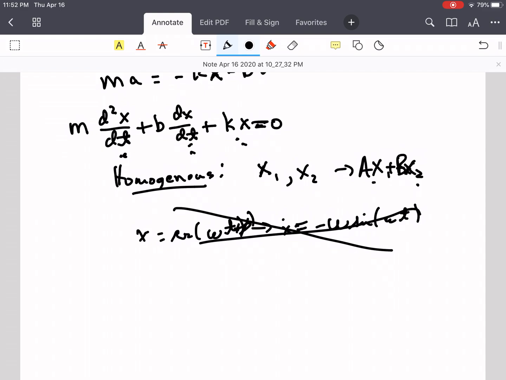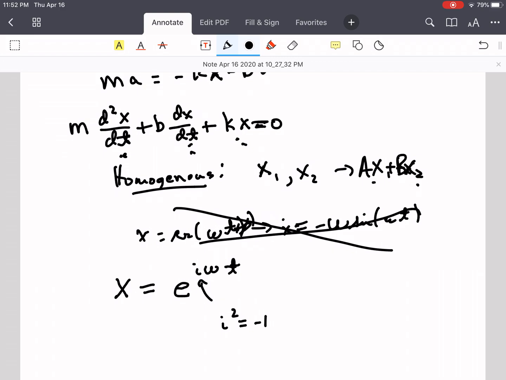I'm going to do something that seems a little crazy. I'm going to propose that x has the following form: e to the i omega t, where here i is the imaginary number, meaning that i is the square root of negative 1, or i squared is equal to negative 1.